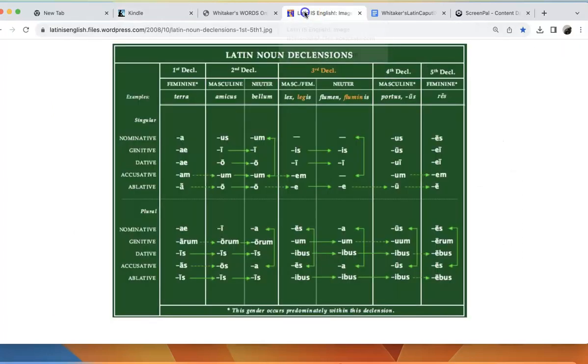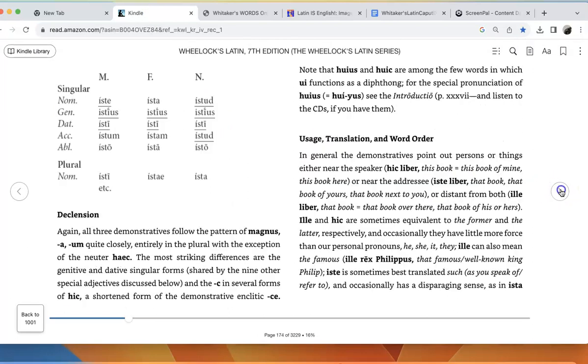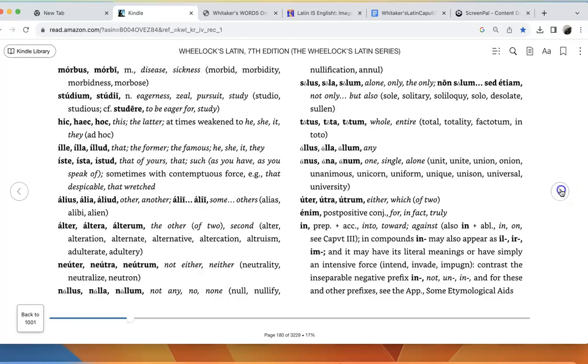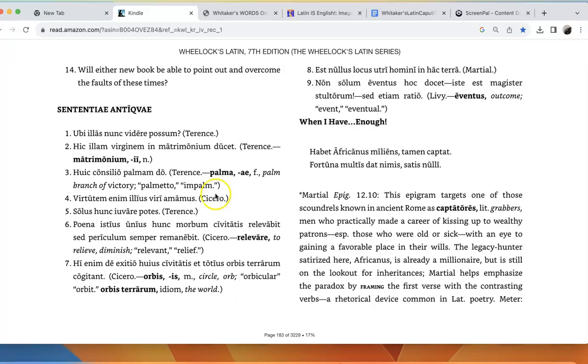But then we have viri, because man is second declension, and second declension genitive singular is the letter I. So ilios viri, of that man. So we need both those words in the genitive. So we go back and look at the original example again in Latin, and you can see, for we love the virtue of that man. All right, so that one's fairly straightforward, but you definitely need to know your endings and grammar.